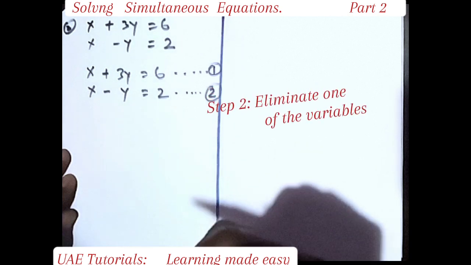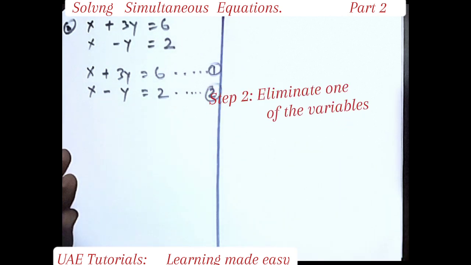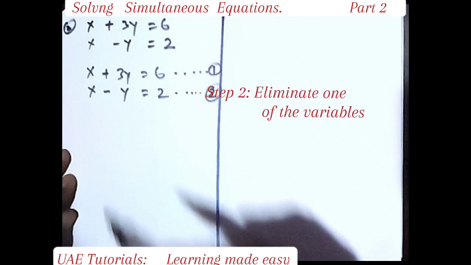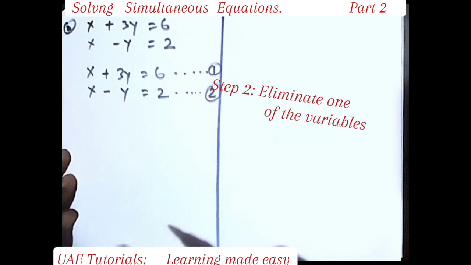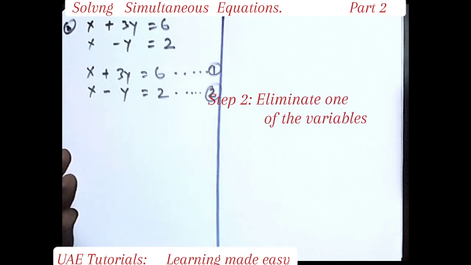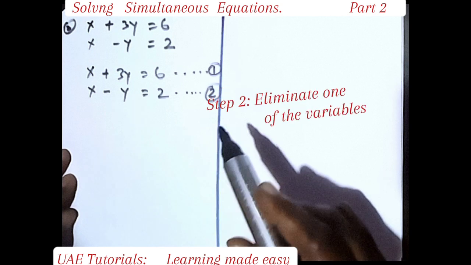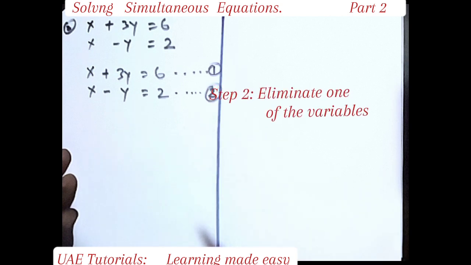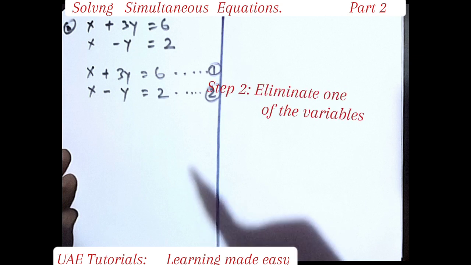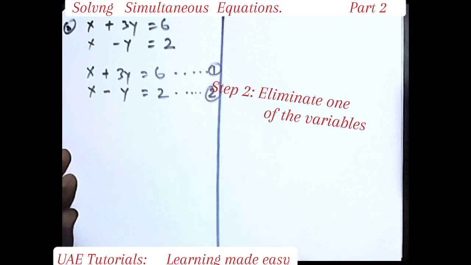That will determine which of the variables you want to eliminate first. I have looked at these two questions and I have seen that it is easier for me to eliminate the x variable first. I could actually eliminate the y variable first, but it is much easier for me to eliminate the x variable first. So that is what I am going to try to do.